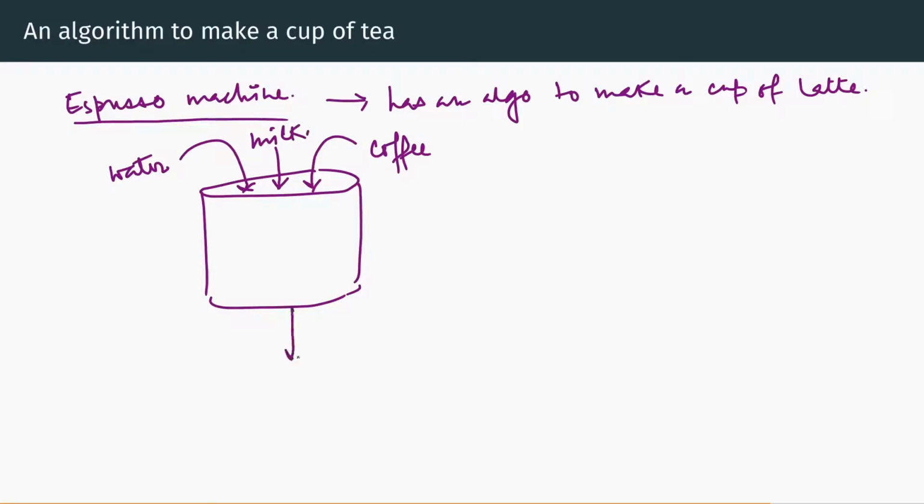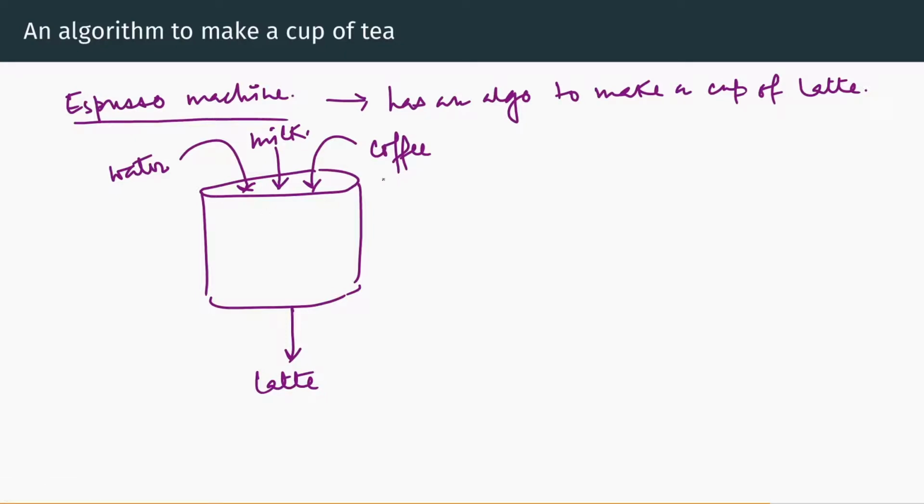And what it produces is a latte. Internally it has the algorithm to take water, milk, and coffee and convert it to latte, right? Now the algorithm stays the same. Every time you pass coffee, milk, and water, the algorithm stays the same.